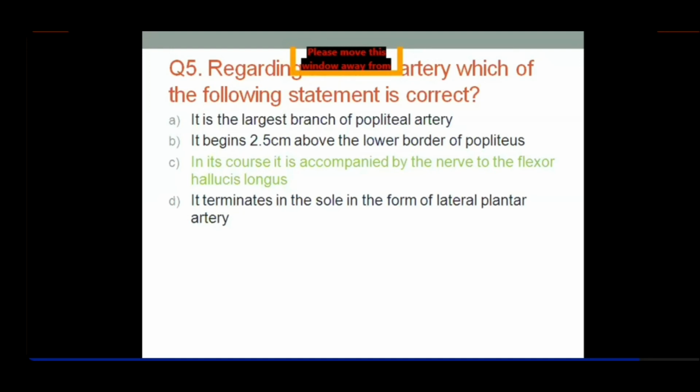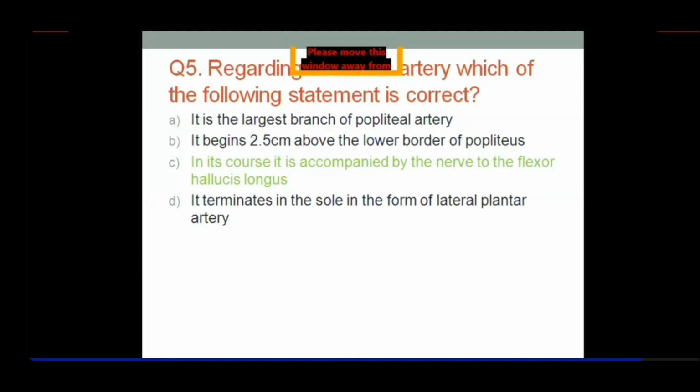So, except peroneus longus, all the tendons, nerves, and vessels reach into the sole through the flexor retinaculum, and it's this posterior tibial artery that divides into medial and lateral plantar arteries. Where does it divide? Within the flexor retinaculum, right? Yes, sir. Even the tibial nerve divides into medial and lateral plantar nerves within the retinaculum, right? Yes, sir. So it means the lateral plantar artery is a terminal branch of posterior tibial artery.